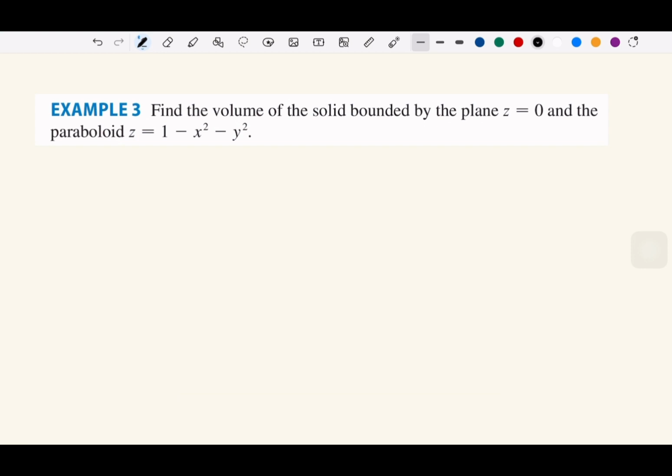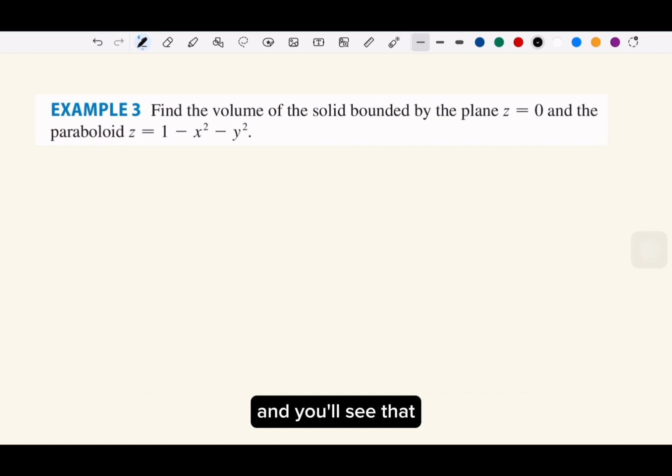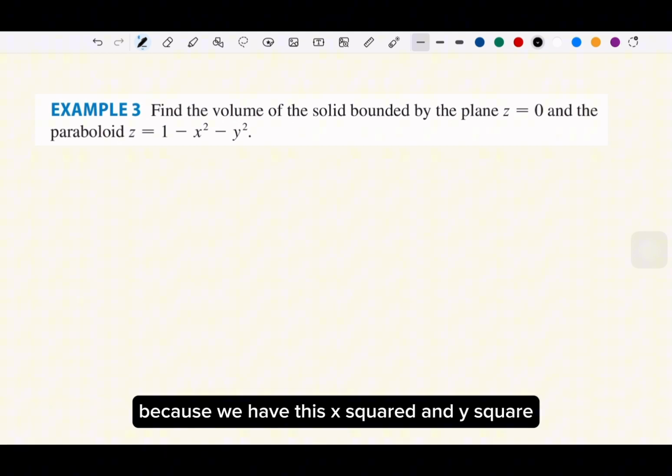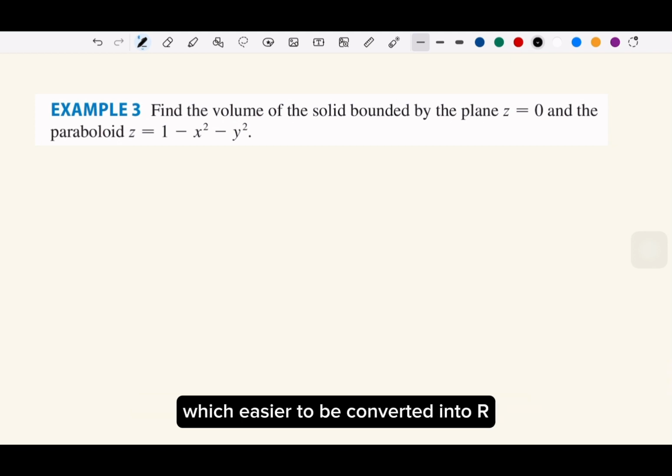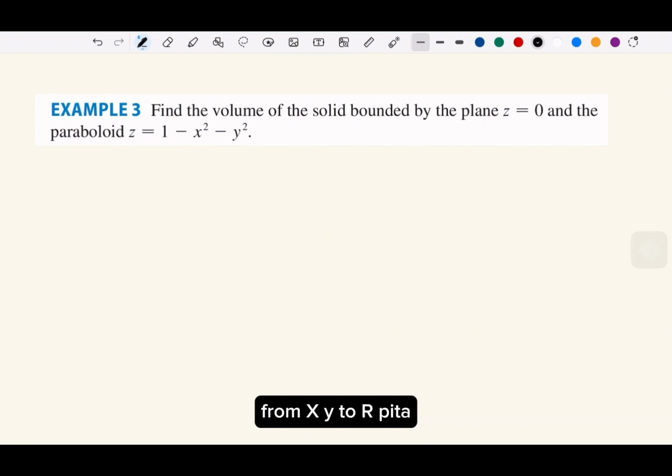And then we have a paraboloid z equals 1 minus x squared minus y squared. Because we have x squared and y squared, which are easier to convert into r, this can also work as a conversion from xy to r theta.